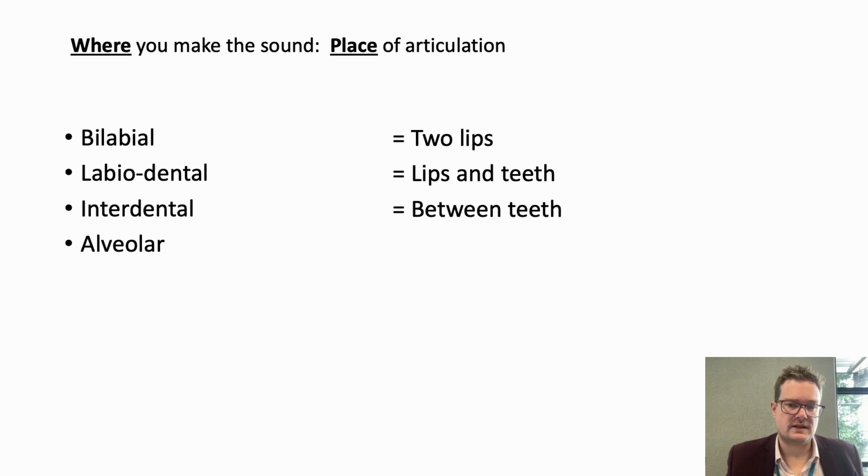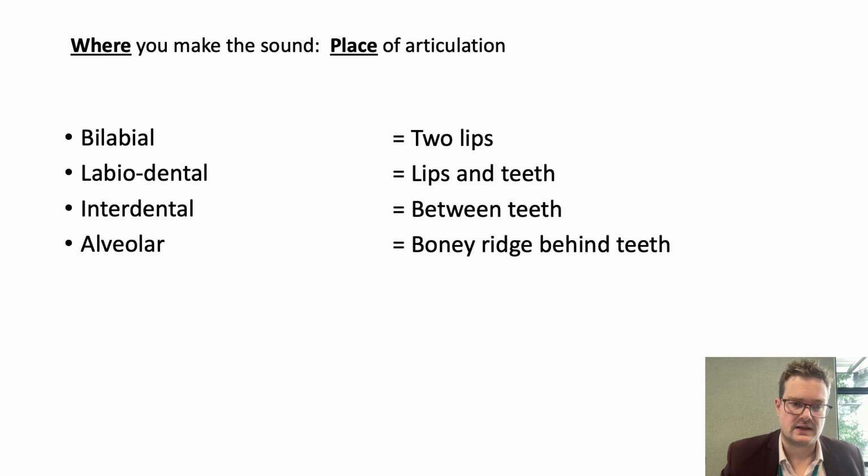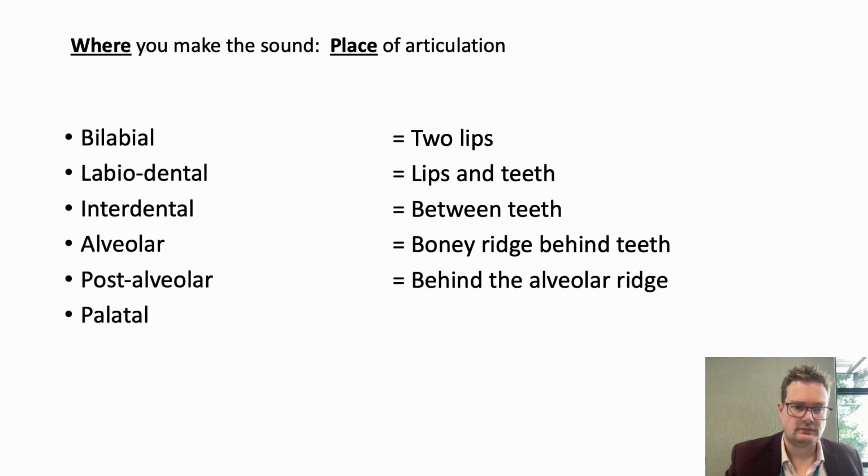Alveolar is the bony ridge that's behind your teeth at the top. So these are sounds like t and d that you feel up there when you say t t t. You can feel that bone, the front of your tongue is tapping behind your teeth. And then post-alveolar, which just means behind the alveolar ridge, behind those bony bits. And this is like sh, and sounds that are a little bit further back.